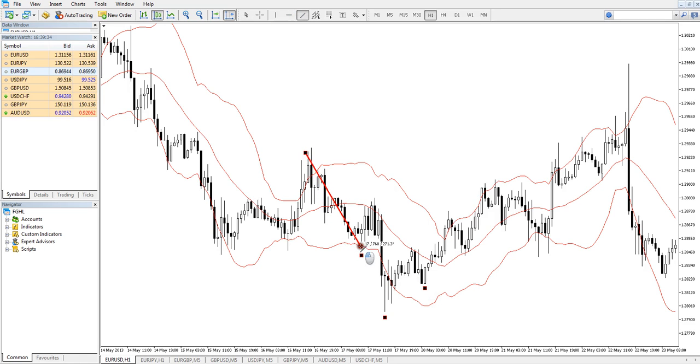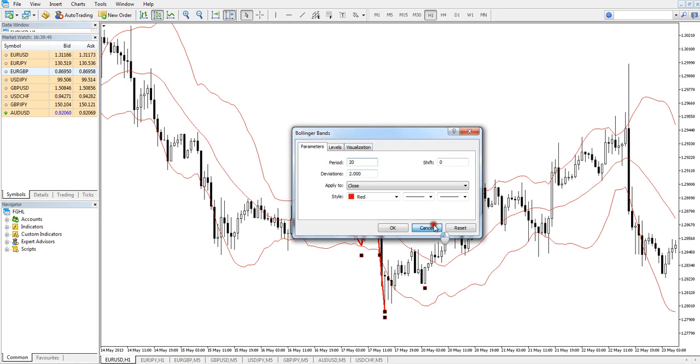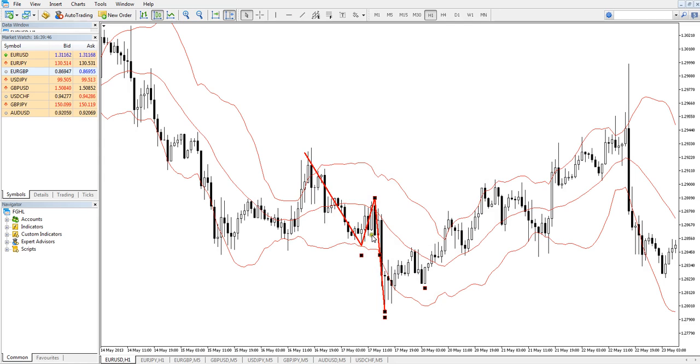So you've got a downtrend, you've got an uptrend, then we've got a reversal back downwards. So the first shoulder is formed there. Then his head is now starting to form from here.